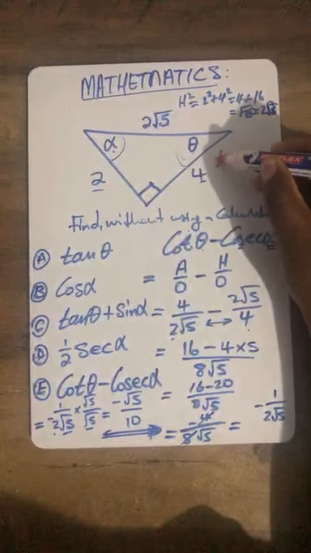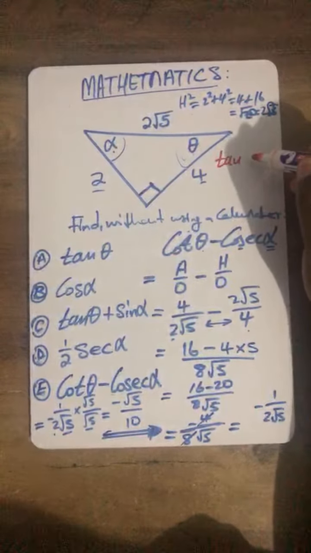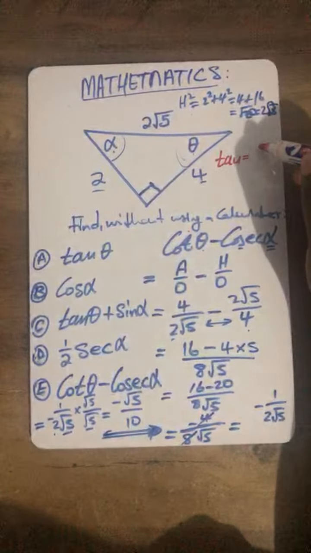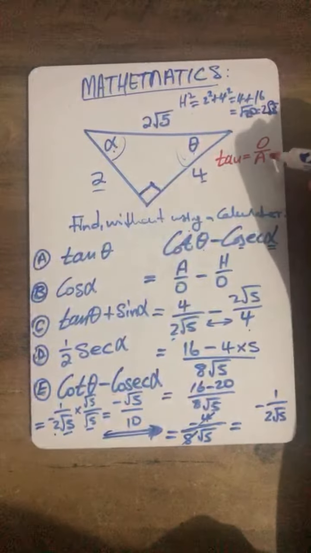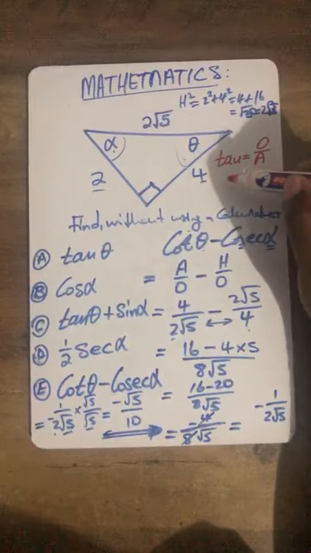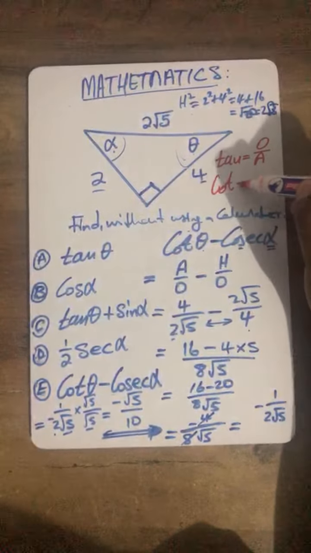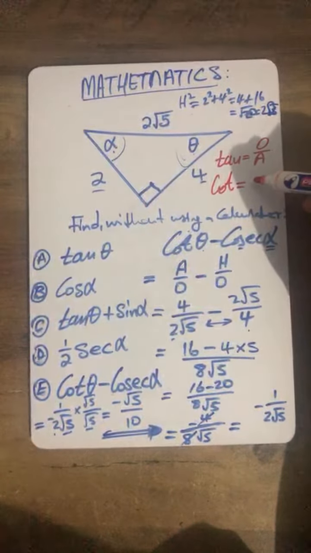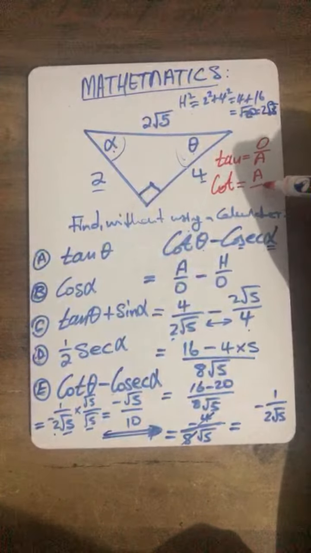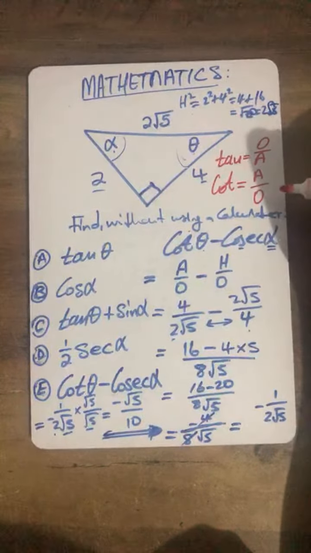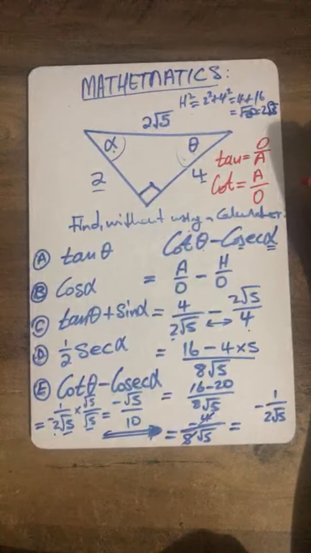Remember, tan is tan theta, opposite over adjacent. So that means cot, you just swap A at the top and O at the bottom. Yes, that's what I did. Are you still saying I made a mistake on that one? Or can you see now?